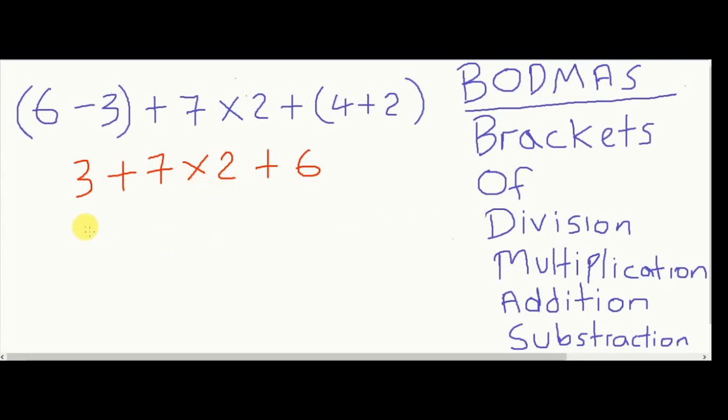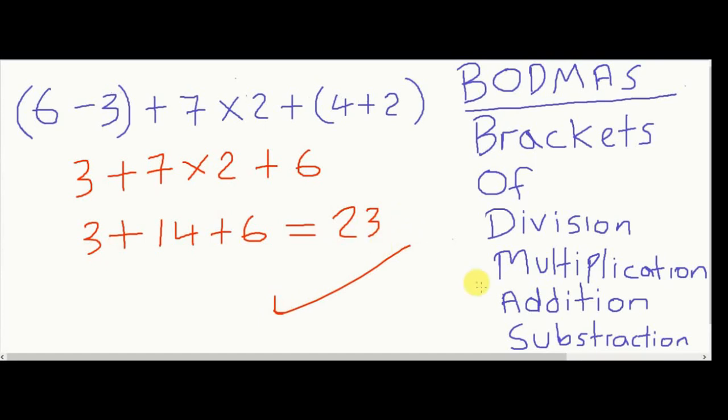So I'm going to write 3 plus, so 7 times 2 is 14, plus 6. 14 plus 6 plus 3 is 23. So this is the answer. Very easy, very simple.